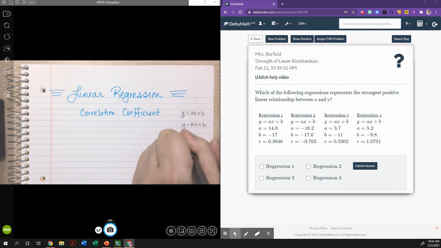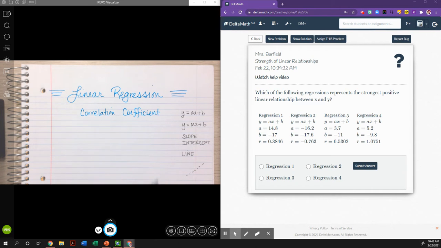Which is a line. Remember, that's what we were talking about yesterday with all those dots: we were trying to determine if those dots had a line going through them, and was the relationship strong, weak, perfect, or none?